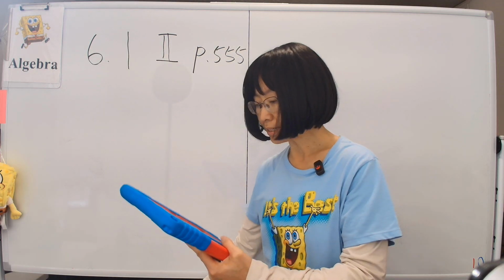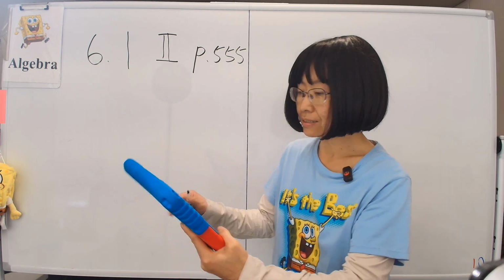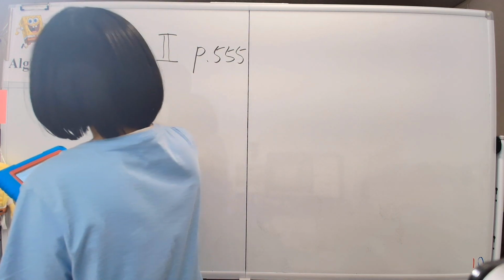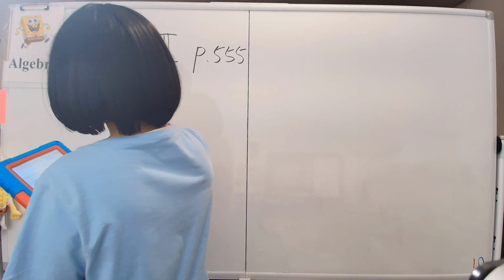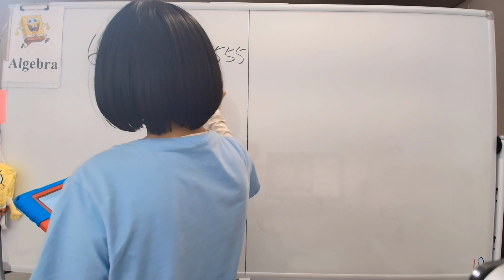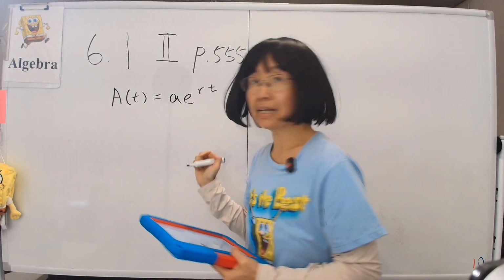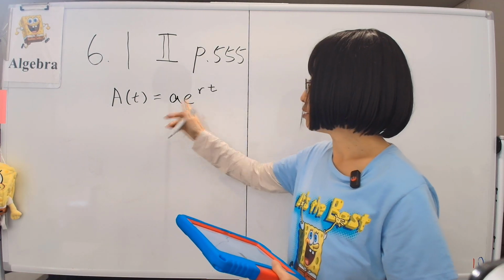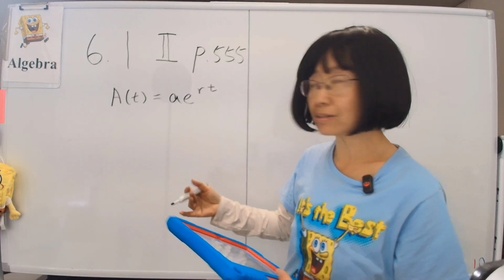So first, let's write down the formula. It says continuous decay, so we need to copy down the proper formula, which is the one with the e in it. And so A(t) = Ae^(rt). Now the e stands for a number, 2.718 or something, whereas all the others are variables depending on your situation.